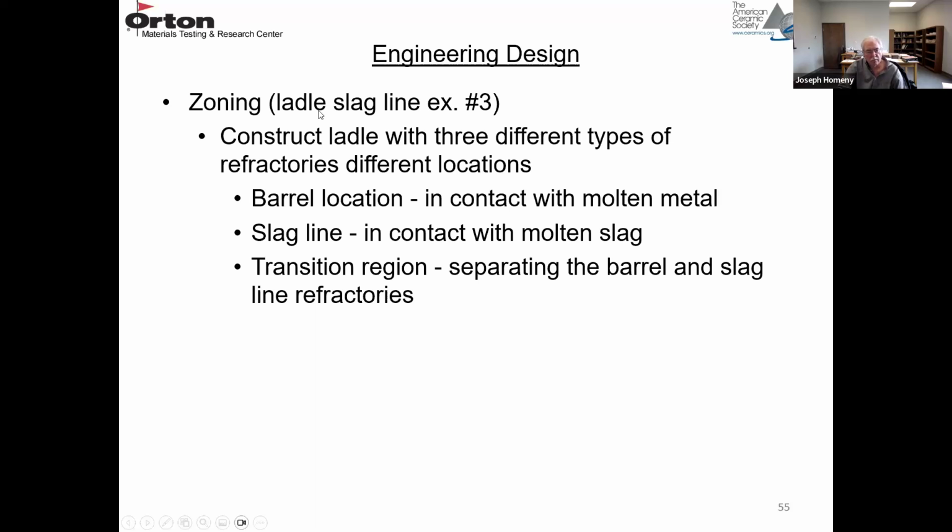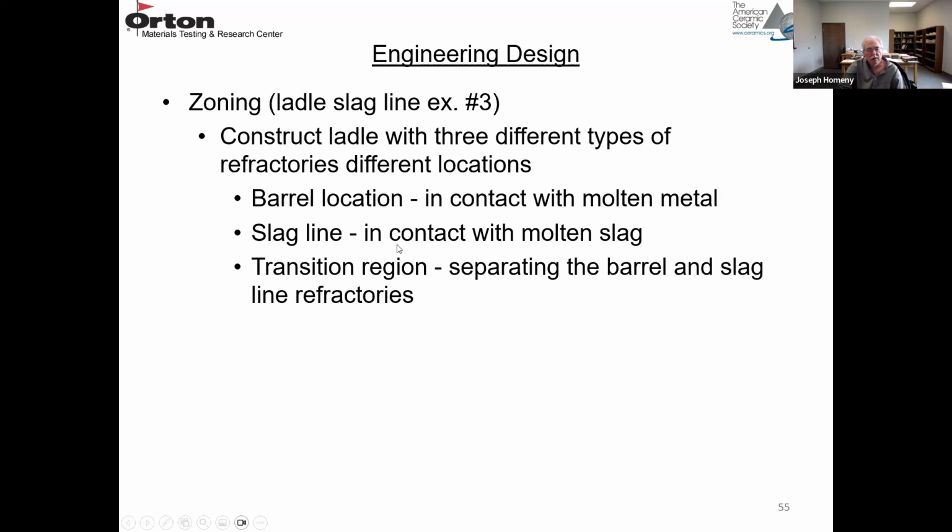So for the same ladle slag example, you can construct the ladle with three different types of refractories based on their location. So in the barrel, in the bottom that's in contact with molten metal, you may have a different kind of refractory.